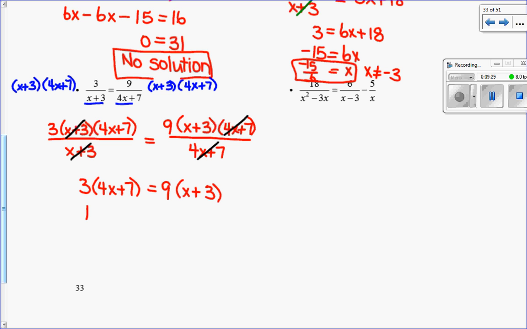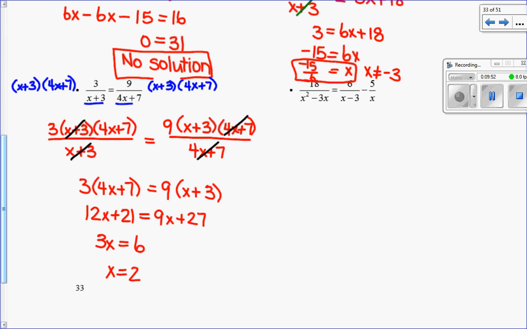So this is 12x plus 21 equals 9x plus 27. Okay, I'm going to subtract 9x from both sides, so I'll have 3x left on this side, and I'm going to subtract 21 from both sides, and I will have 6 left on this side. X is equal to 2.